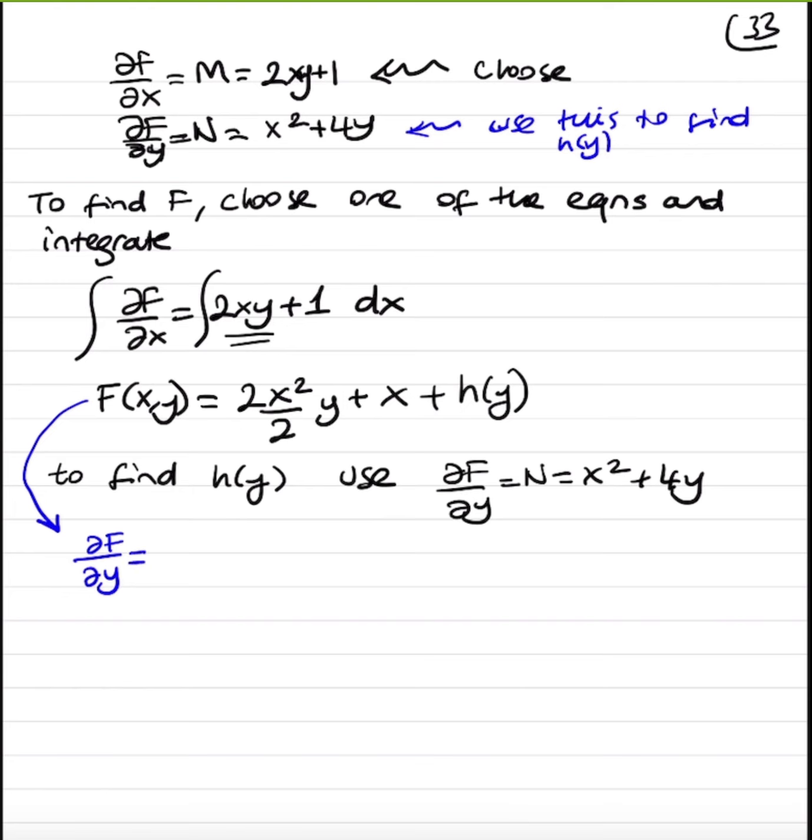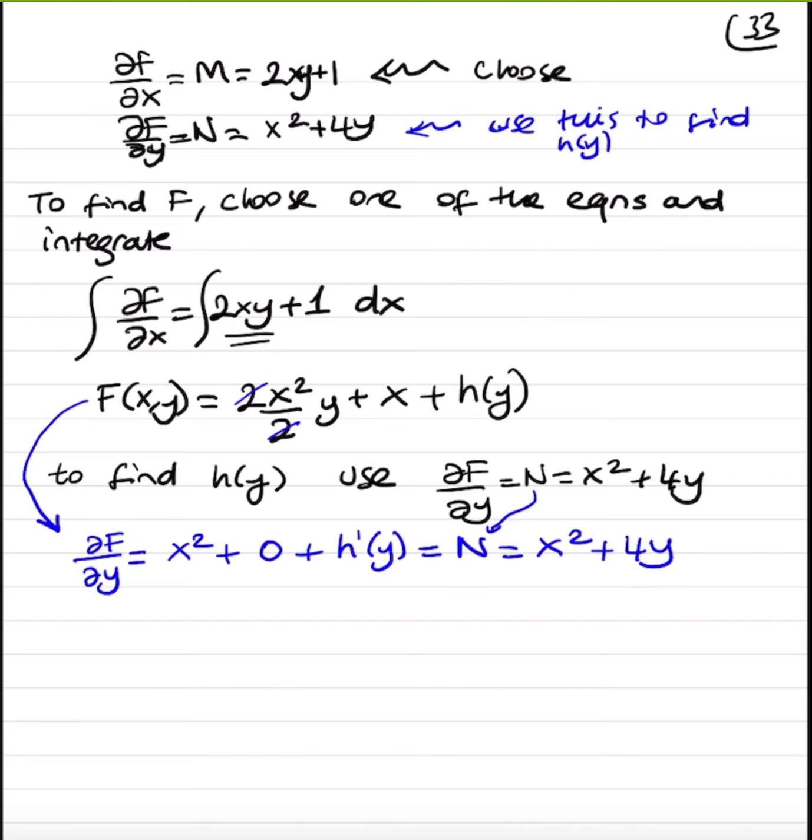The derivative is x squared, plus the derivative of x with respect to y, which is 0, plus the derivative h prime of y. And we know this is equal to N, which is given as x squared plus 4y.